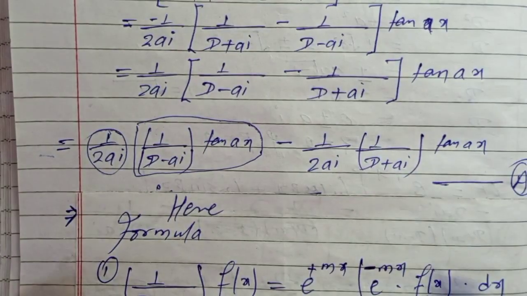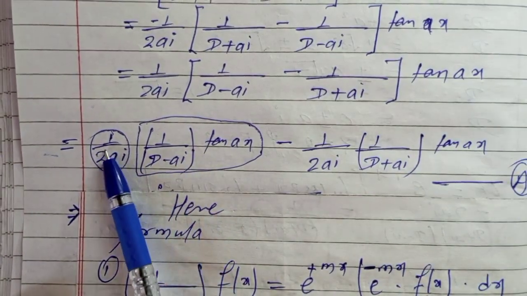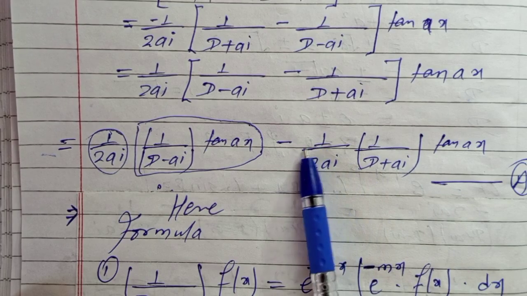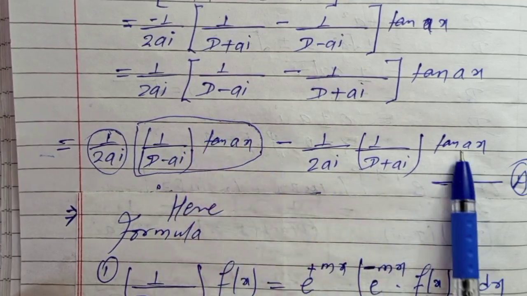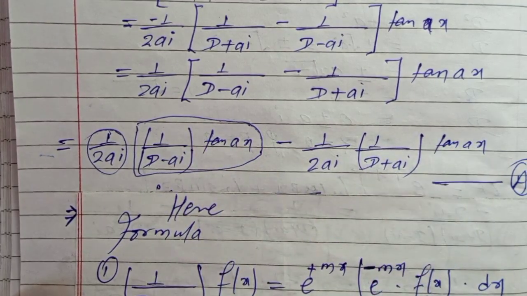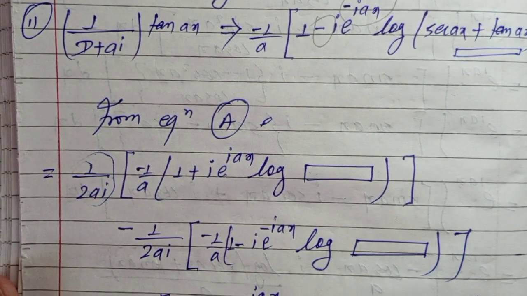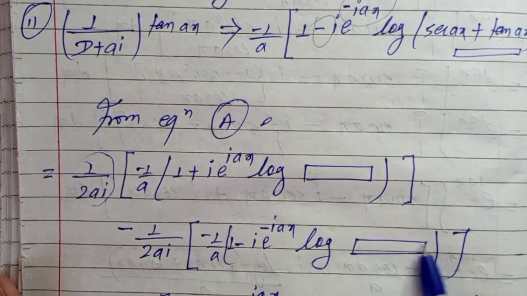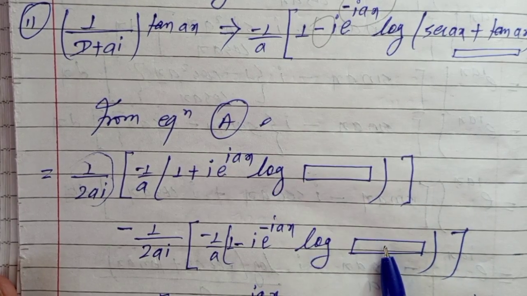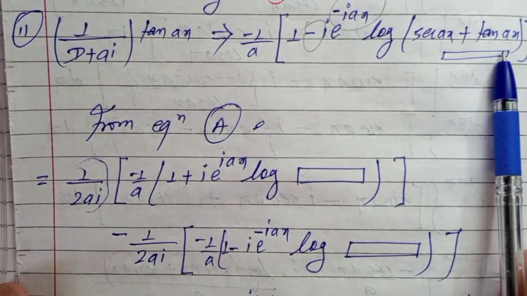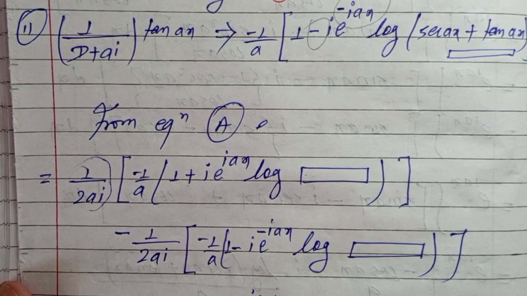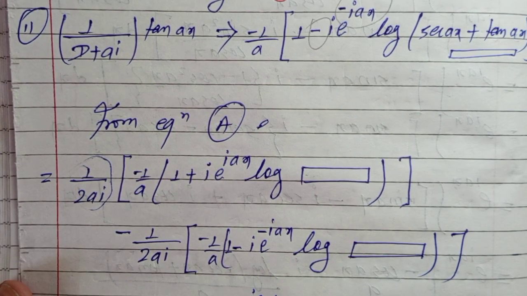As we can see in our equation A, this is the coefficient and this is the coefficient. The both values, this value and this value, we are replacing, so we are getting this form, this and this, and this box has the same value, that is sec ax plus tan ax. There was not a space, so I didn't copy that value.